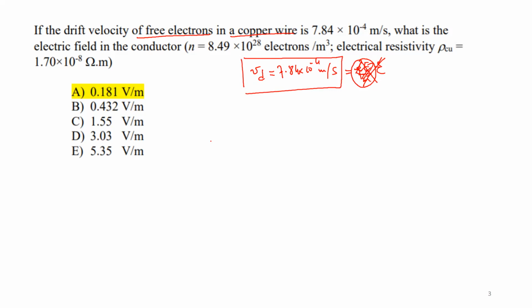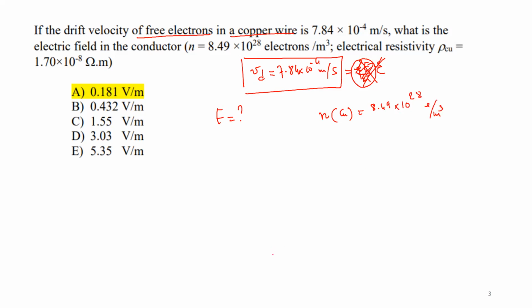Now here I give you V drift, and I'm asking what is the electric field that I have applied to my copper wire. Here I give you N, which is 8.49 times 10 to the power 28 electrons per meter cubed.